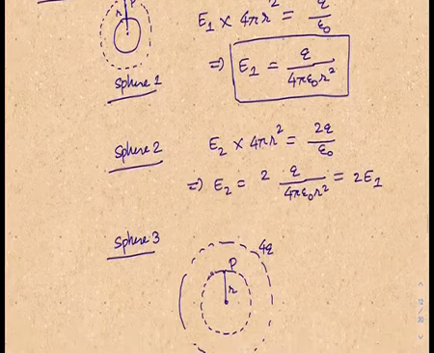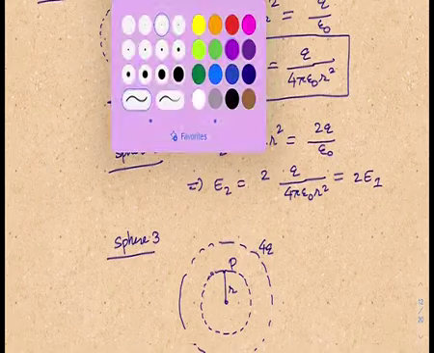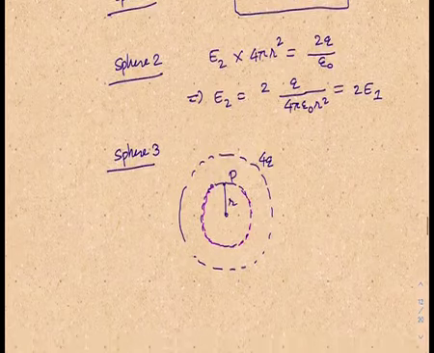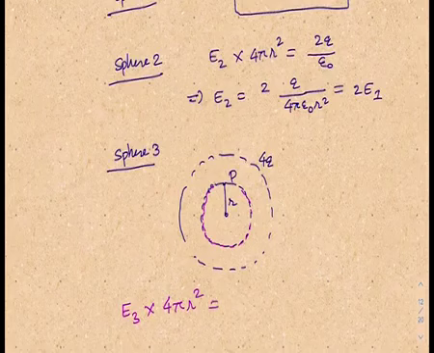So you take it as your Gaussian sphere. This is your Gaussian sphere. So that would be electric field into 4 pi r square, and you have to find the charge enclosed here.